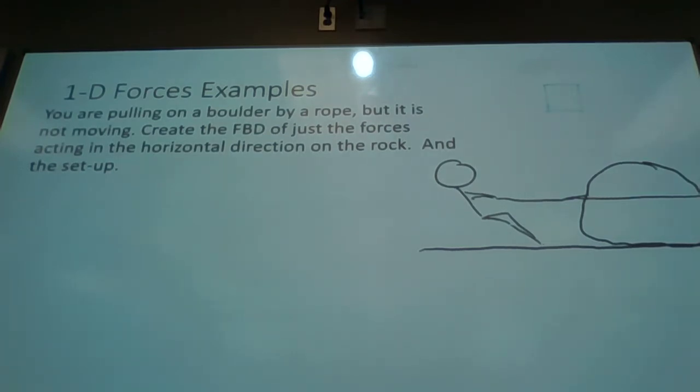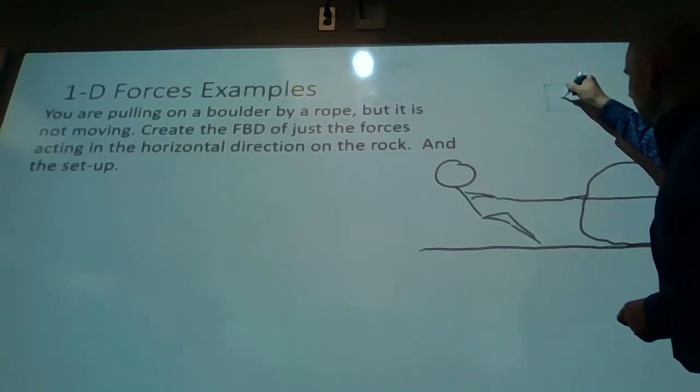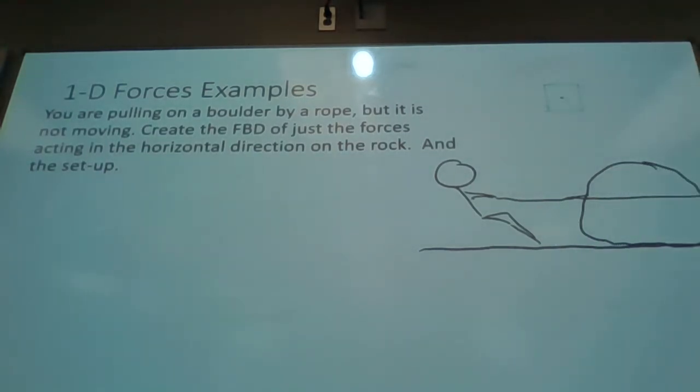Okay, so to draw your free body diagram, typically I just draw a box, represents any type of object I'm drawing, okay? And I put a belly button on that box. Okay, that's where all the forces are going to originate from. Give me like the origin. Okay. So what forces are acting on the boulder? Now, I'll let you know, yes, gravity is definitely acting on the boulder, but for this chapter, all we're focusing on are horizontal forces.